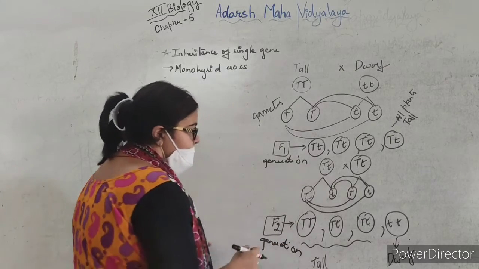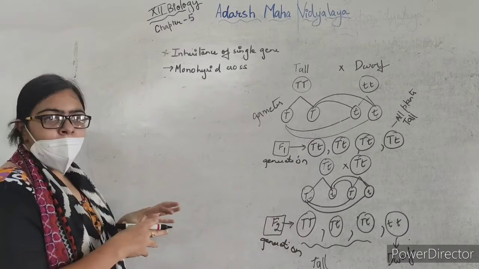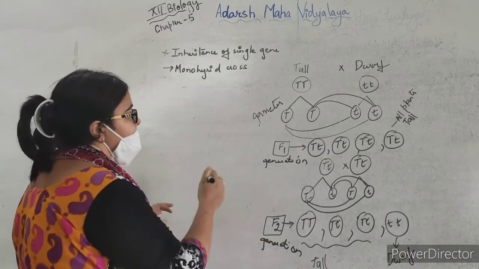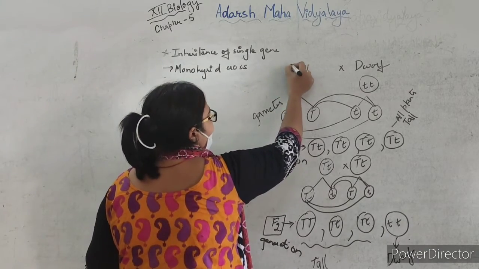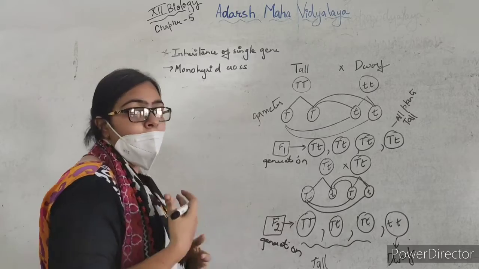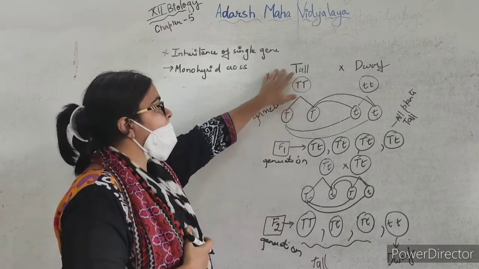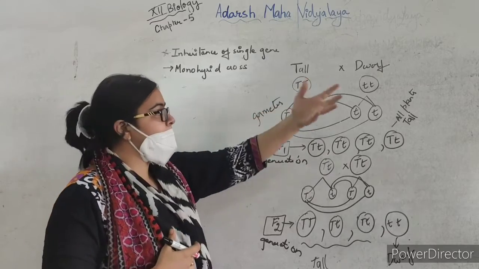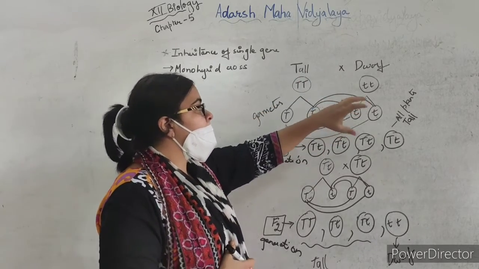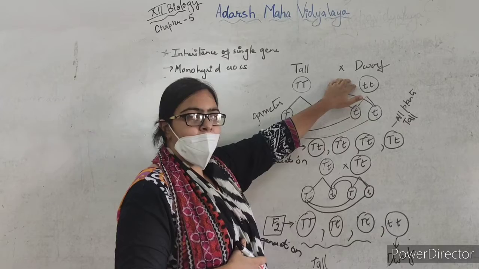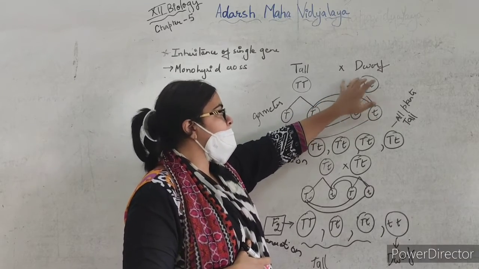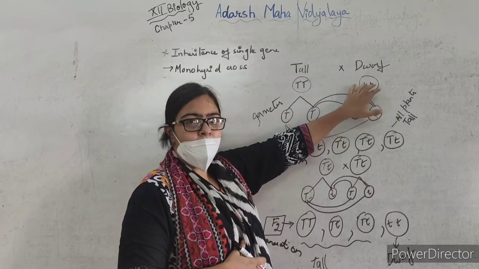See how he obtained the tall plant: he used a true breeding line. So he was sure that the plant would have this genotype, and he also took the true breed of the dwarf plant in P. So he was sure that it had this particular trait.